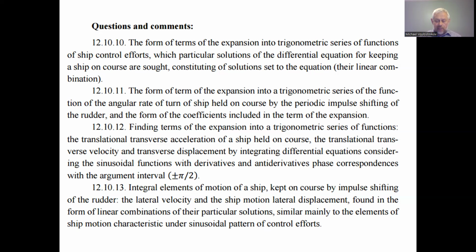And besides, when we find derivatives and antiderivatives of trigonometric functions like sine and cosine, we have to consider the scale difference. The scale difference arises when finding the derivatives.